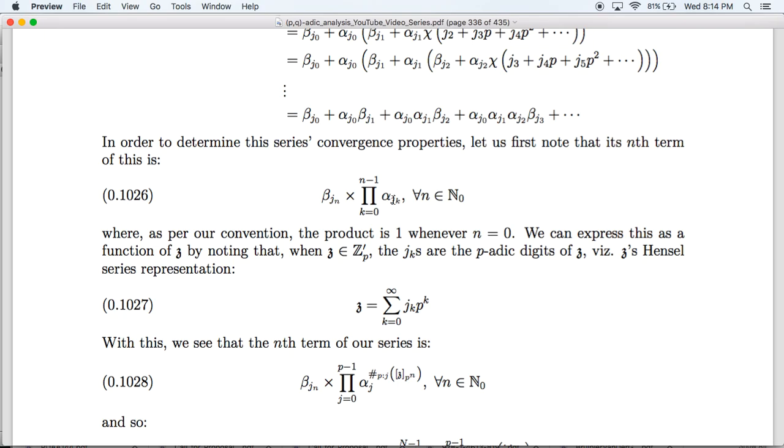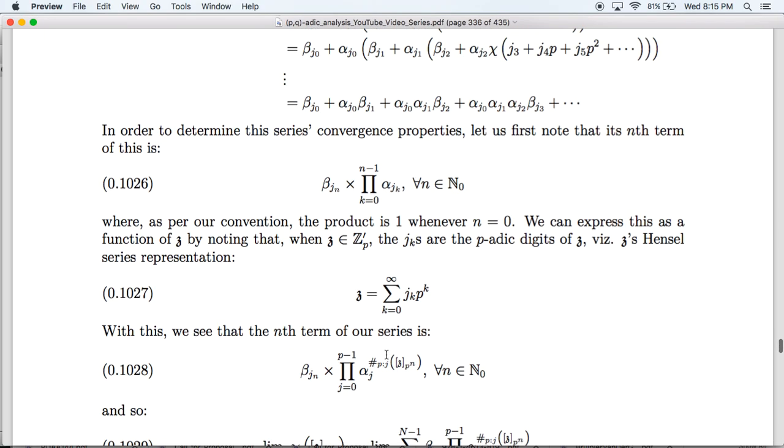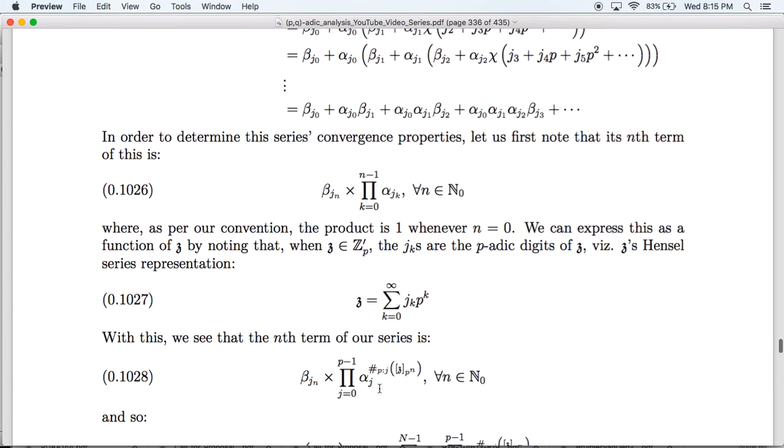Because the jk's are taking values from 0 to p minus 1, we can simplify this product by saying it's going to be alpha 0 to the number of k's for which jk is 0, times alpha 1 to the number of k's for which jk is 1, etc., which is, of course, just counting the digits of z mod p to the n.